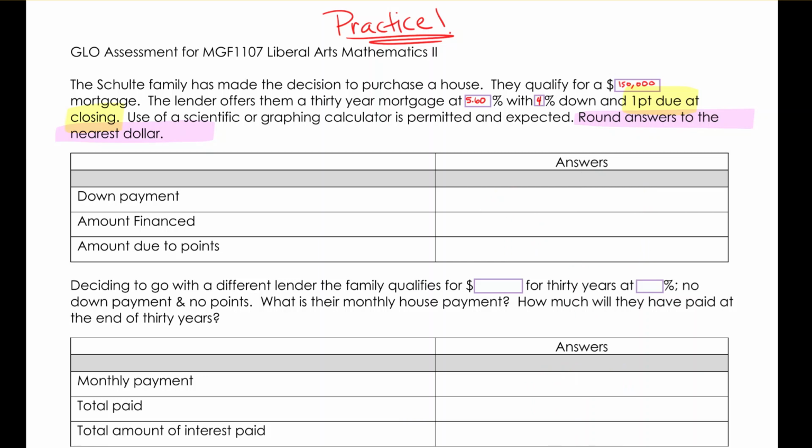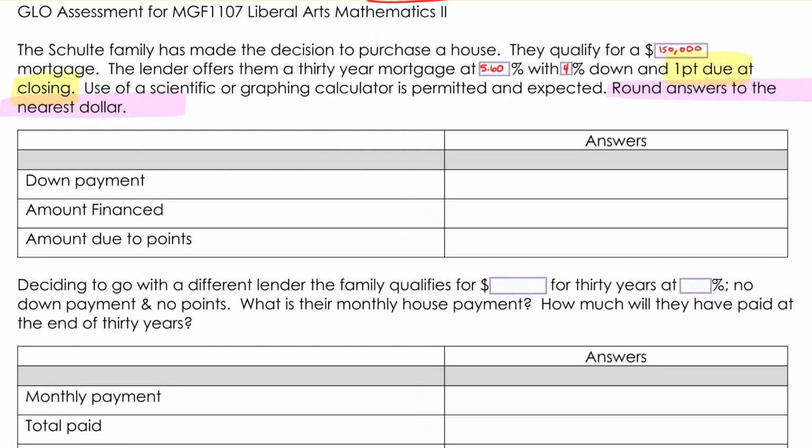Okay, so again, this is our practice assignment. There are going to be different numbers in the quiz, but going with these, to calculate the down payment, you always figure out, okay, they said 4% down, so we need to find 4% of our mortgage, so 4% of 150,000. Remember, to find a percentage of a number, you change the percent to a decimal by finding the decimal place and moving it twice.